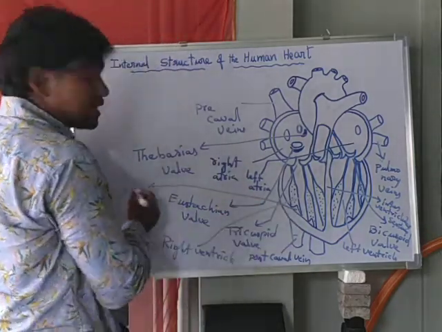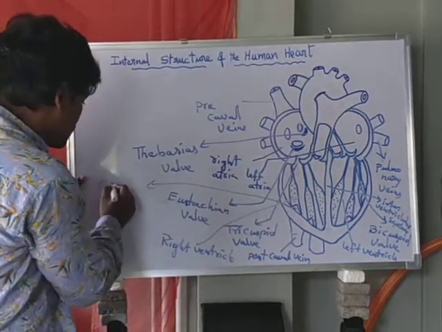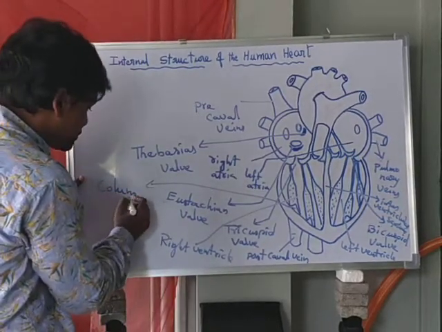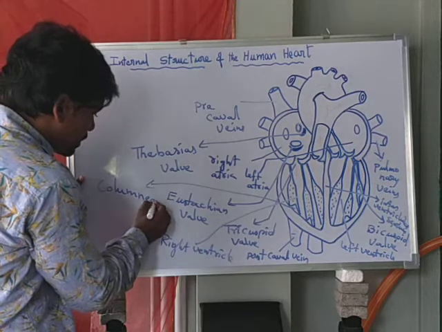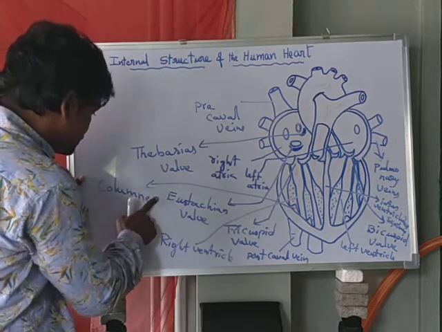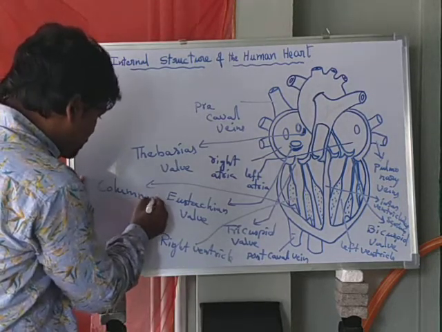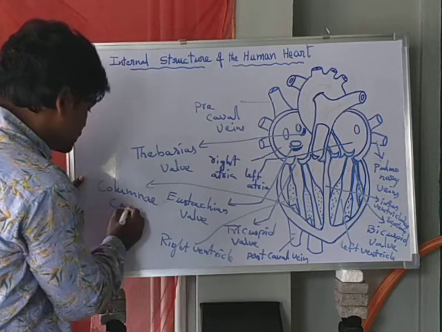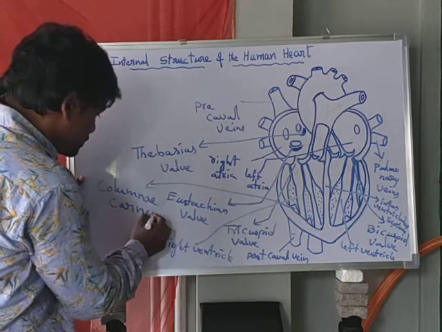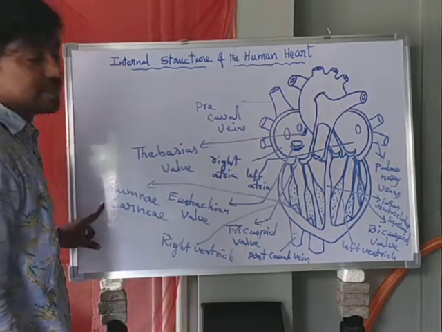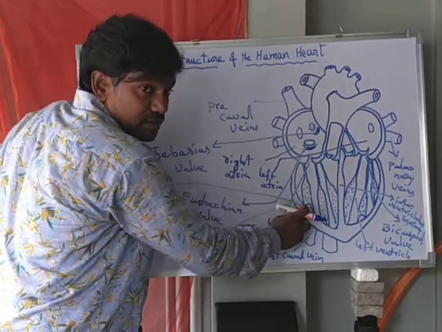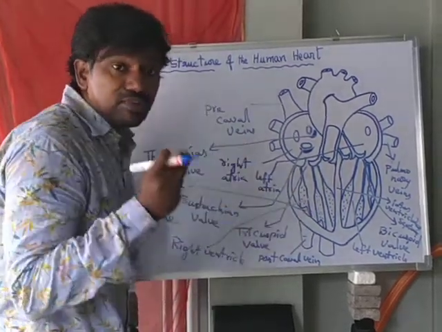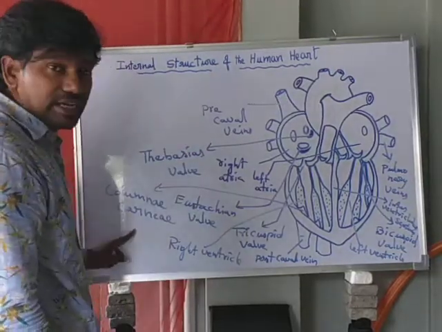The small ridges are called columnae carneae. These small ridges formed from the wall of the ventricle are called columnae carneae.